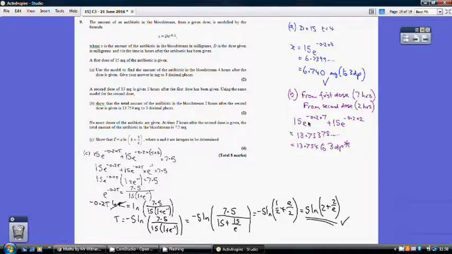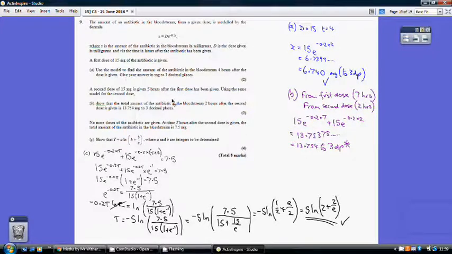So that's going to be 15e to the power of minus 0.2 times 7. And then the effect of the second dose 2 hours later, so plus 15e to the minus 0.2 times 2. So 7 hours from the first dose, 2 hours from the second dose. Add these together, we get what we had to show.